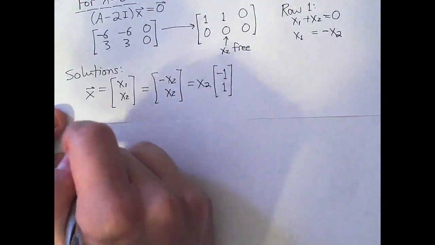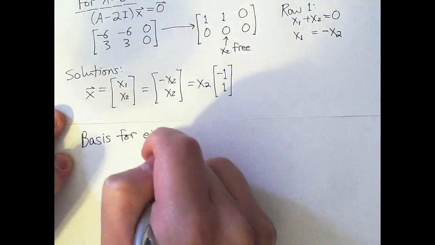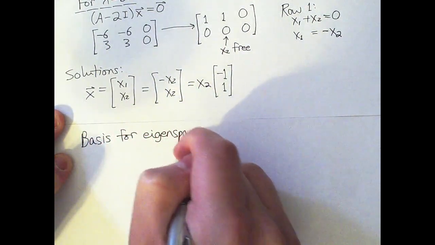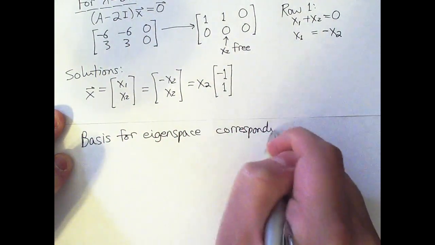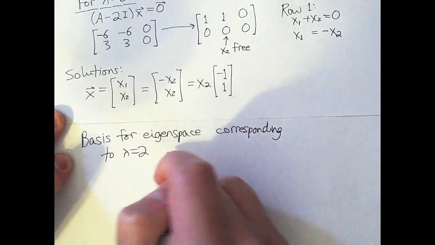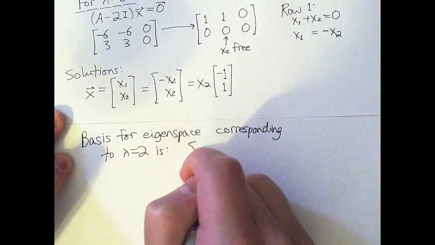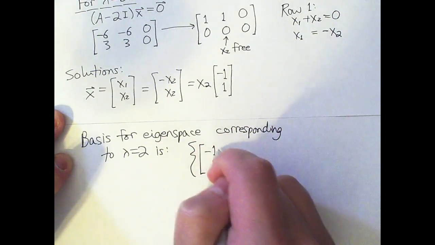So the basis for the eigenspace corresponding to lambda equals 2 is the set containing this vector. And you should have set brackets.